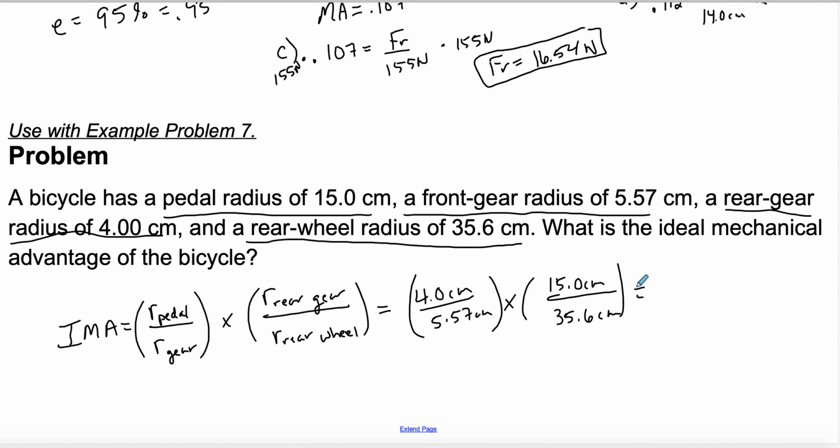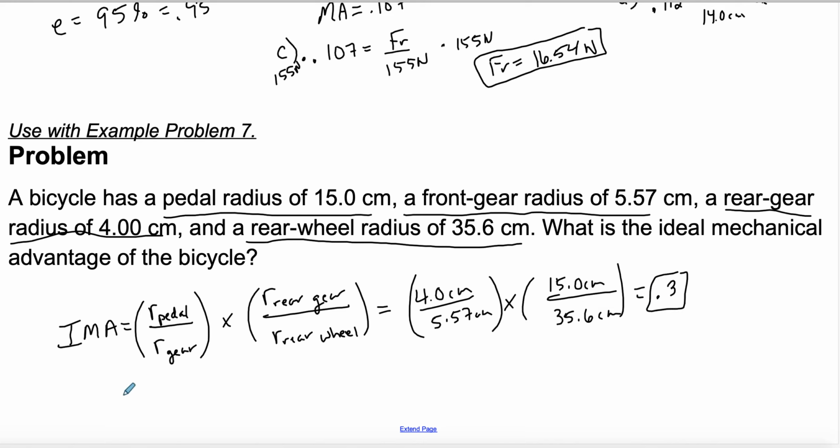You go ahead and multiply those out, and you will get your ideal mechanical advantage, which is about 0.30.